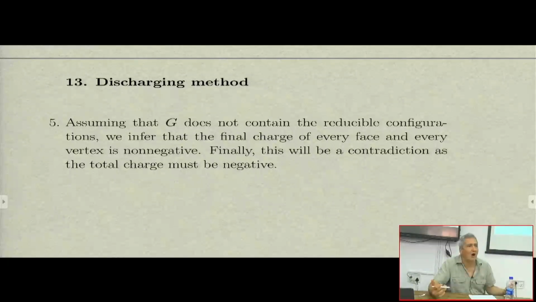And this is how this contradiction proves our theorem. Okay? So here's one example.